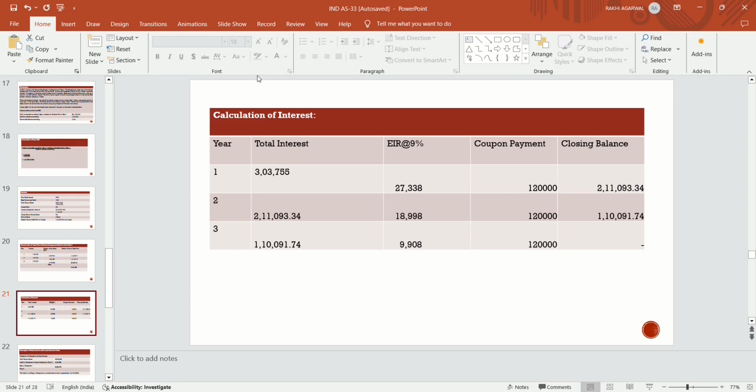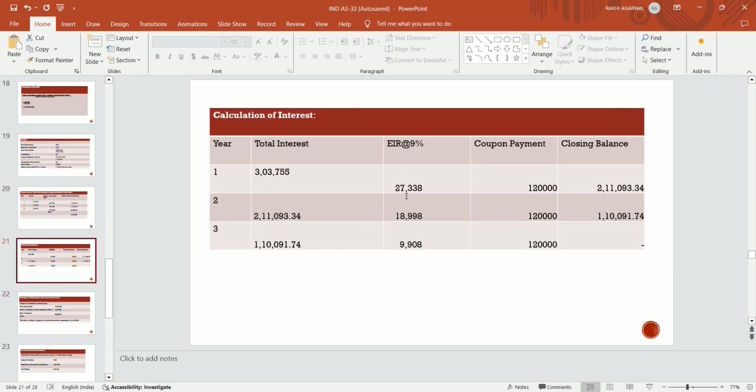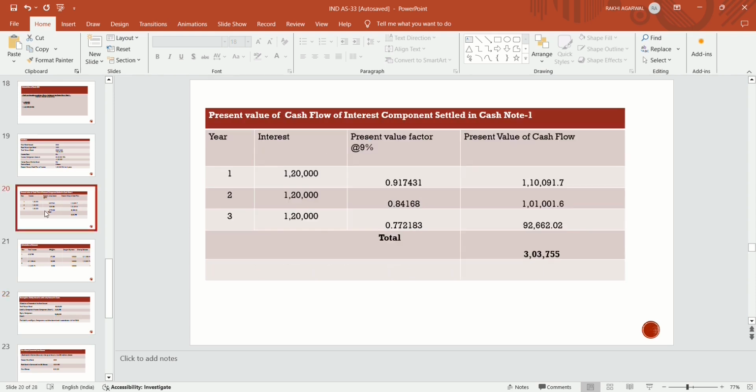So this is the calculation of interest, but we only need the calculation for year 1 because we are calculating for year 1. The assumption is that the entity intends to settle only the interest component in cash. So for the allocation of the proceeds of the bond, the total value of the bond is 20 lakhs, and in that the interest component, as we determined, is 3 lakh 3,755.